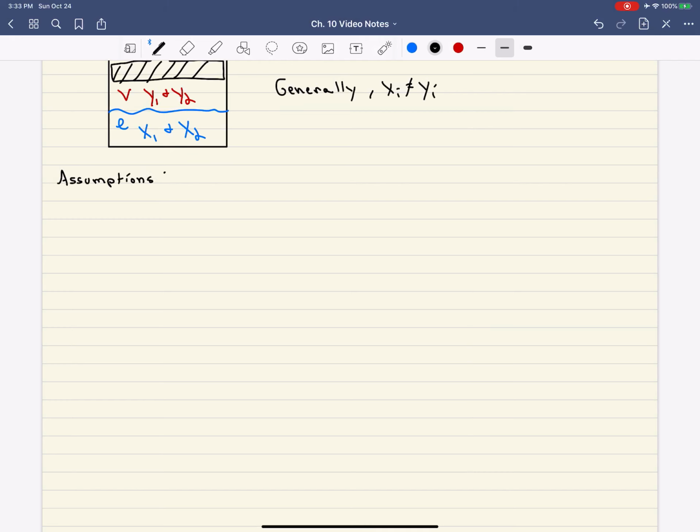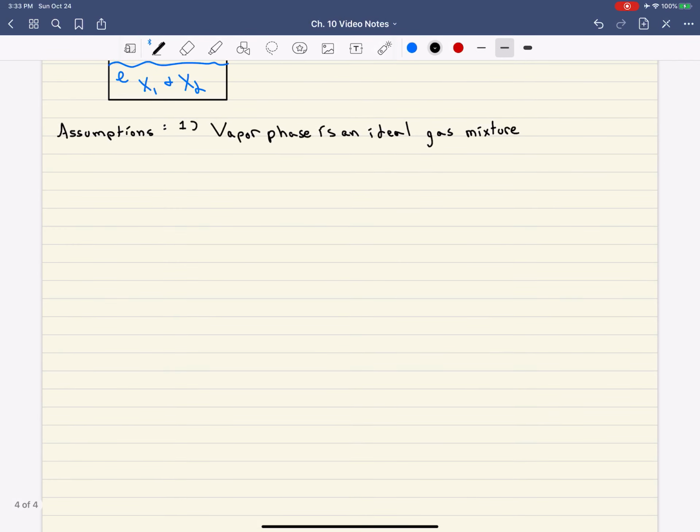And so, for the vapor phase, to make our lives a little bit easier, we're just going to treat the vapor phase as an ideal gas mixture. And for the liquid phase, we're going to treat the liquids as being incompressible.